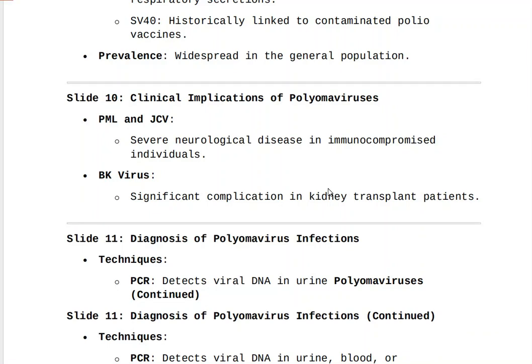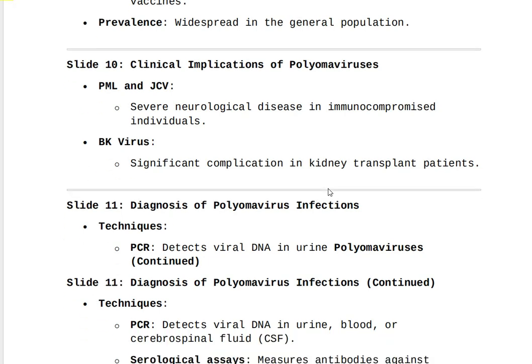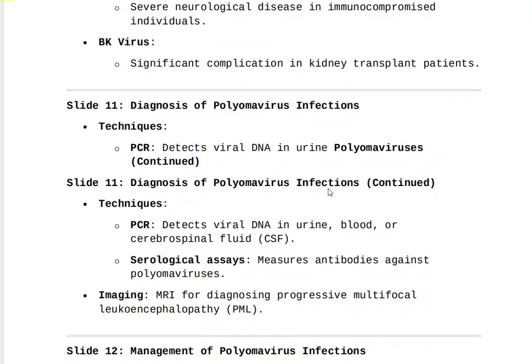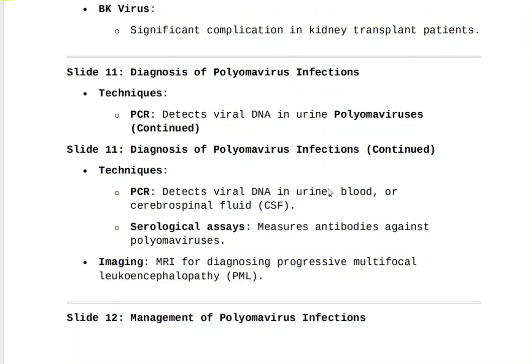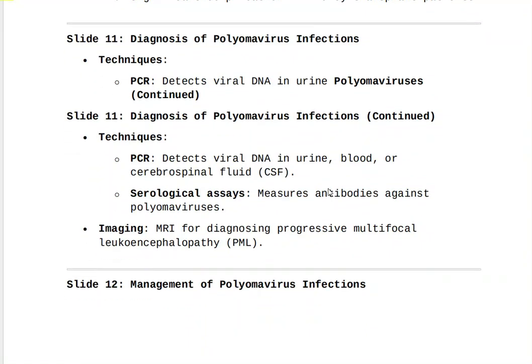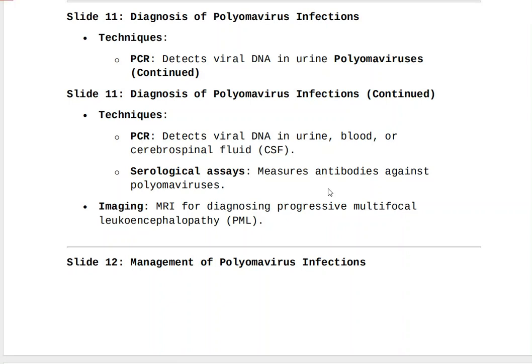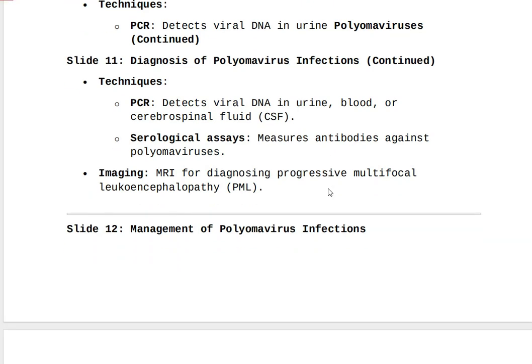So PML and JCV, we already noted that there may be neurological symptoms associated with JCV infection, and for kidney transplant patients, it's also the same for those who have BK virus infection. How do we detect these viruses? It is still by PCR.